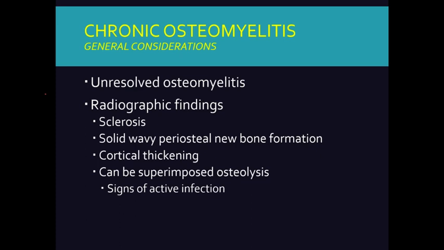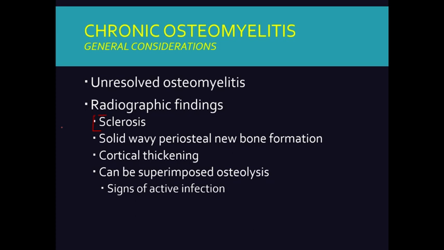All right. With infection, if it is not treated properly, or it is an organism that is resistant, you can get more chronic changes. So radiographic findings, the big thing with chronic osteomyelitis is you start to see some more bony tissue.